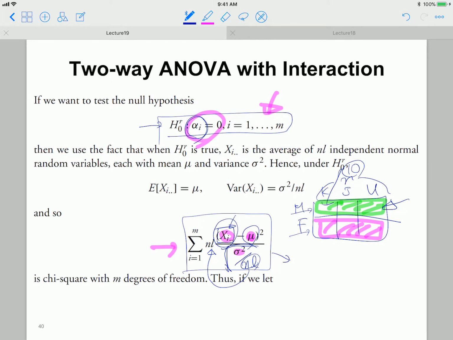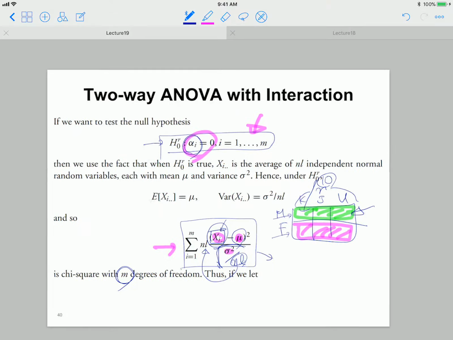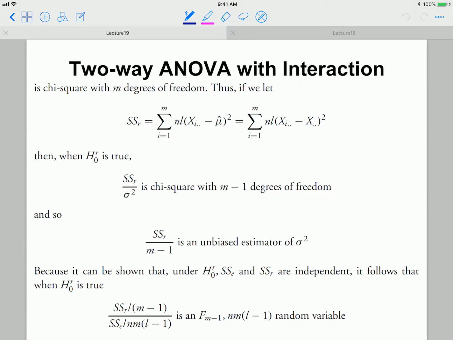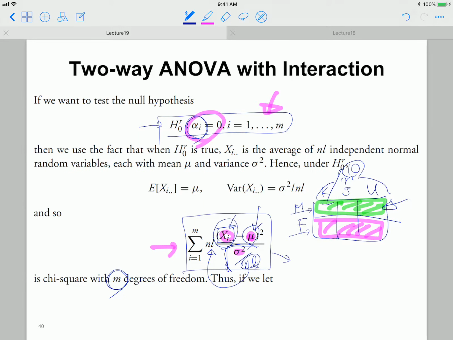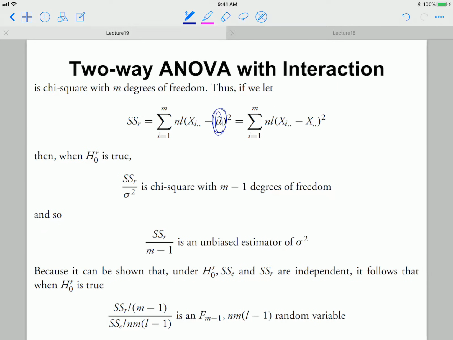So the degree of freedom will be m, right? But now we are using the approximate estimate of the global mean in the place of the true parameter mu, right? And so this is just one parameter to estimate.